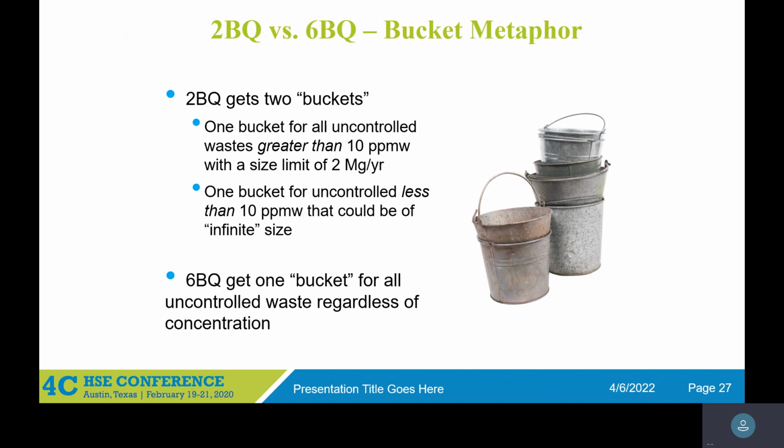Yeah, so say we go over and we have to pick which one. And I know that 2 big waste streams would be best for the 2BQ method. But I need to evaluate every stream and prove that it's under 10 ppm to start. And then from there, I wouldn't have to. But annually, you have to review those and confirm that you're still sure it's less than 10 ppm, if you choose the 2BQ option.